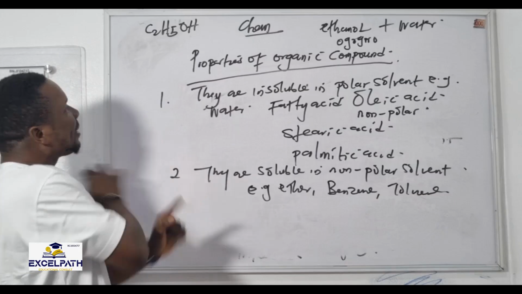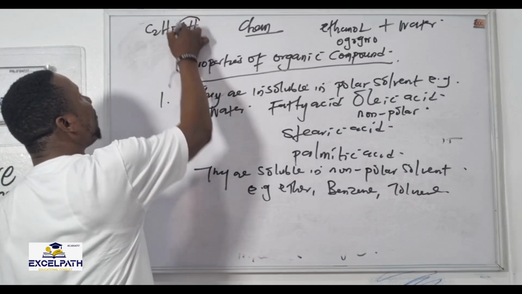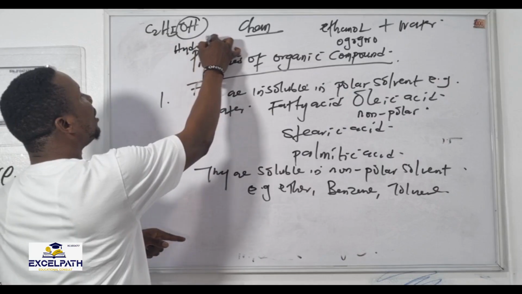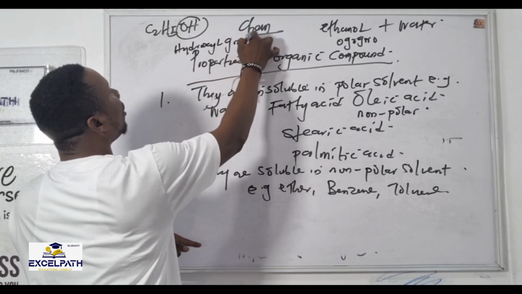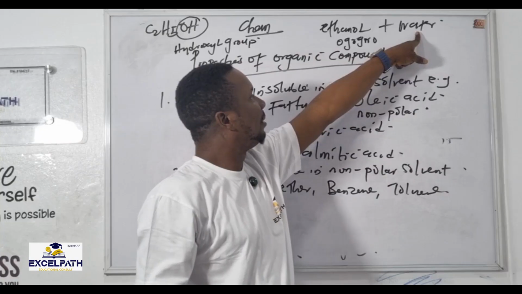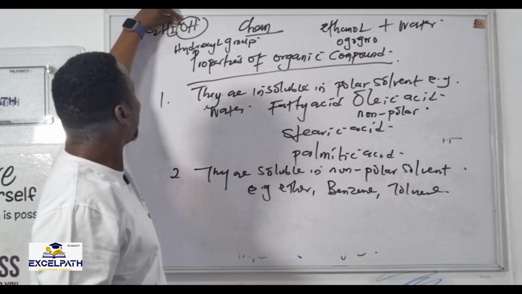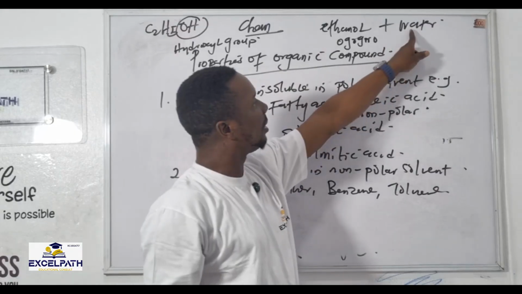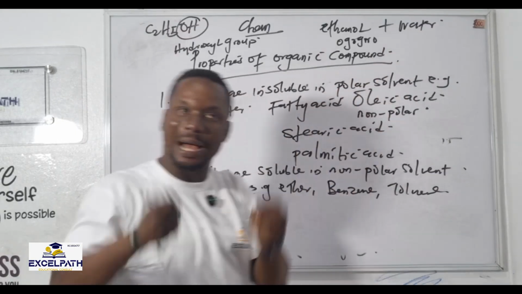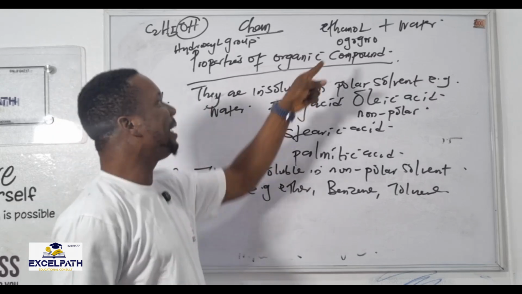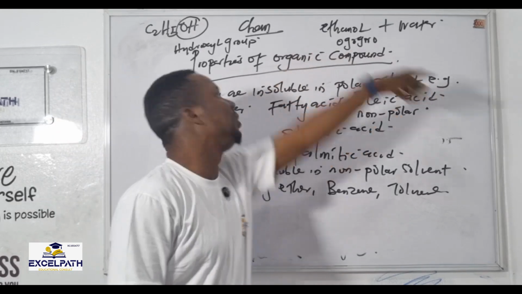It has a functional group called the hydroxy group, which forms a hydrogen bond with the hydrogen found in water. That's what brings about the solubility of ethanol in water.